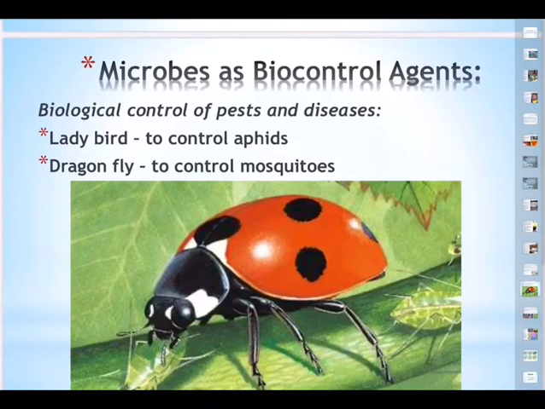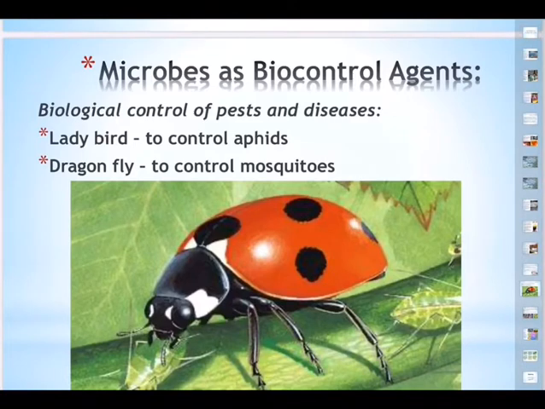Hence, what is the best way? The best way to deal with this situation is using one insect against another insect, one organism against another organism. This is how we can control the disease. The diseases as well as the pests can be controlled biologically, and this is how we call them biocontrol agents.